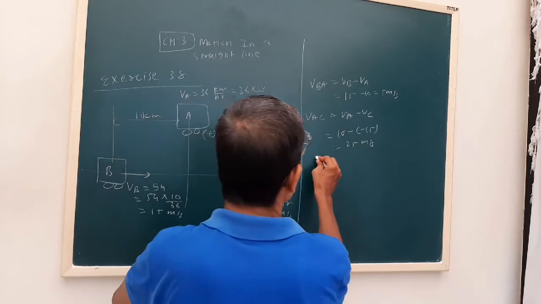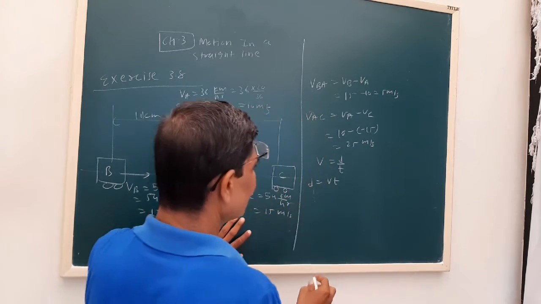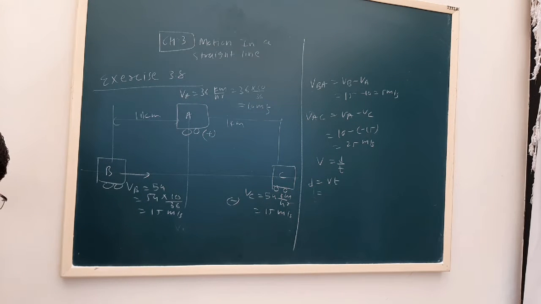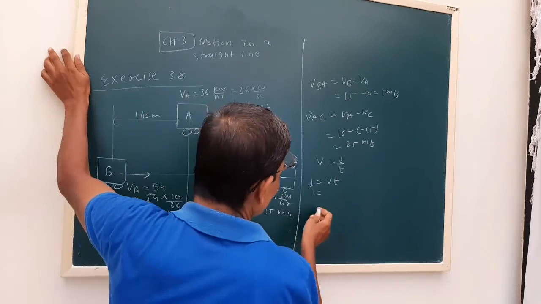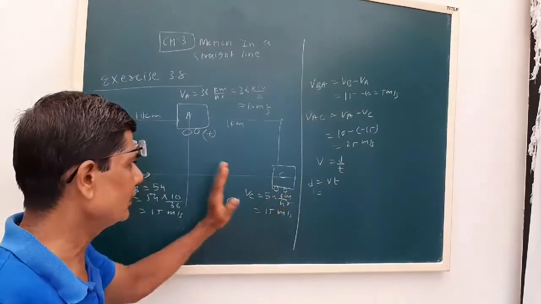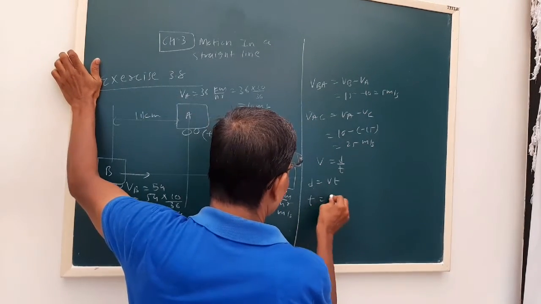Okay, so V is equal to d by t. Now the question says distance is 1 kilometer. Okay, what is the time we have to find out first. Suppose B moves with the constant velocity, in how much time will it overtake A. So t is equal to d by v.